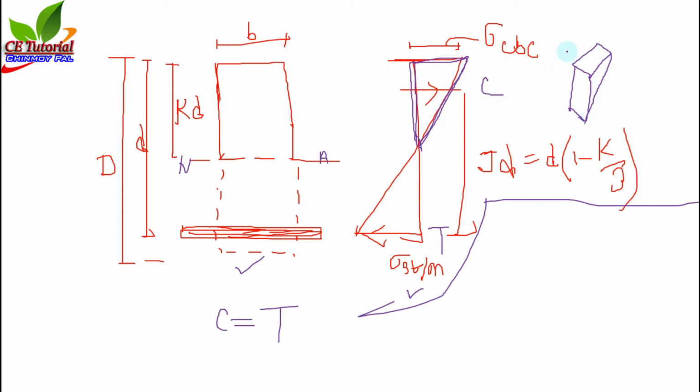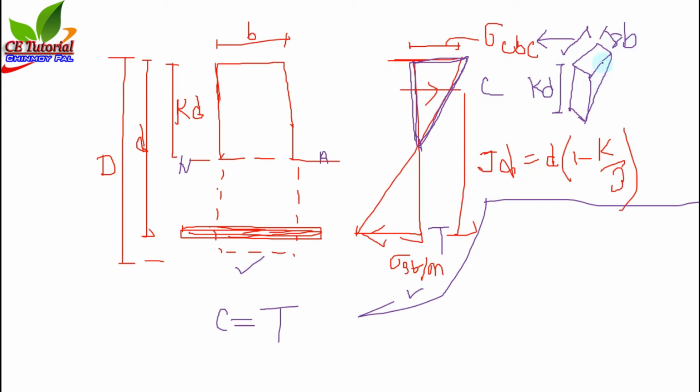Now this distance is sigma CBC, and this distance is B, the width of the beam. Okay, and this distance is the neutral axis depth, KD.